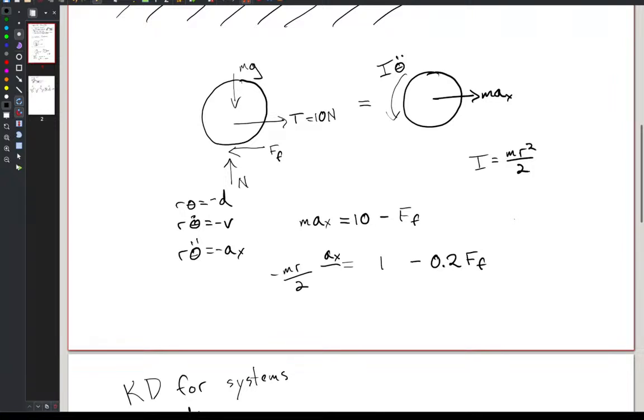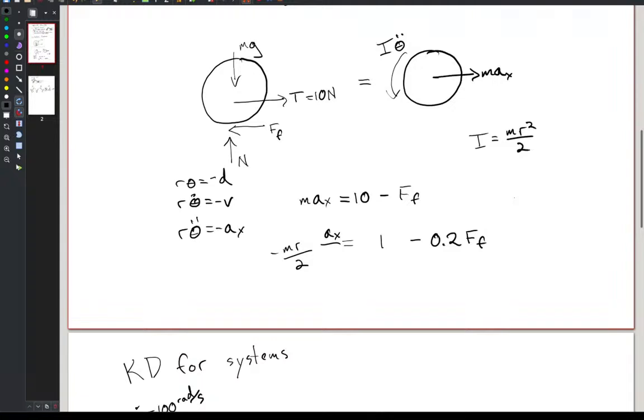Kind of like that. So now I should be able to solve for force of friction and then get rid of it, solve for AX. What do we think, positive or negative? What's it gonna be?